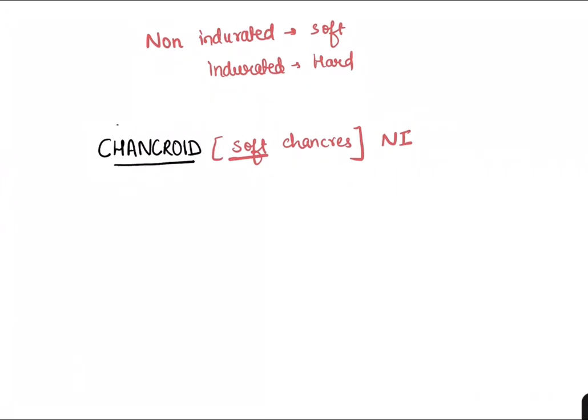Now what is the etiology of chancroid? The etiology is Haemophilus ducreyi. Whatever the pronunciation for ducreyi, I don't care, because my aim is just to learn it. I pronounce it like "do cry", because these chancroids make us cry, as they are painful.